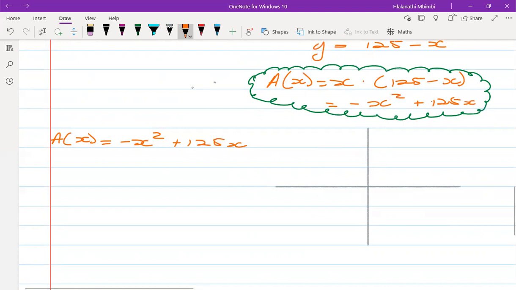The intercepts would be at 0 and at 125, am I right? Minus x squared plus 125x, yes, I think it would be at 125. So you can try to draw this function.